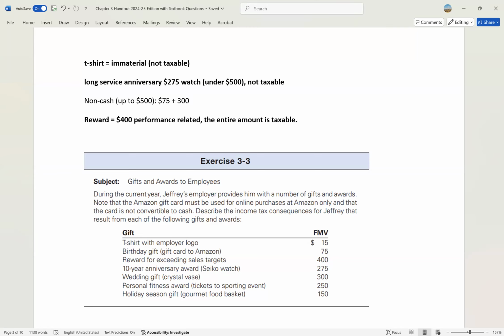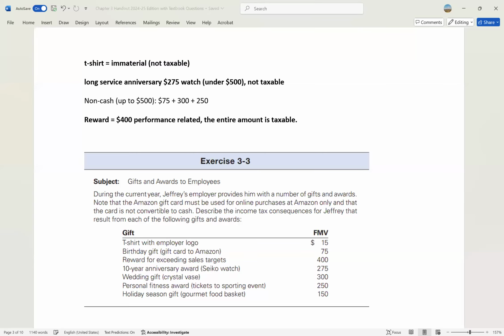So it's just an informal, friendly competition with employees. This would be an example of a non-cash gift. It's not performance related because it's not due to his day-to-day job duties. So this $250 would be added to the non-cash gift total.